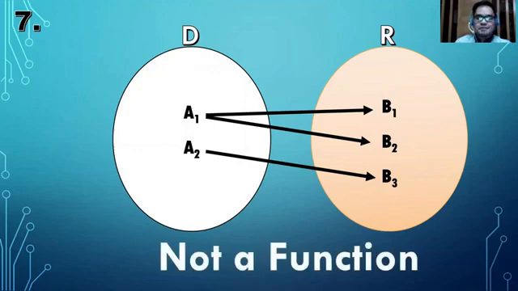What makes this one not a function? Because a sub 1 is being paired with b sub 1 and b sub 2. According to the definition of the function, the domain, which is the set of abscissas, is paired with exactly one element of the range. And that makes that one not a function.